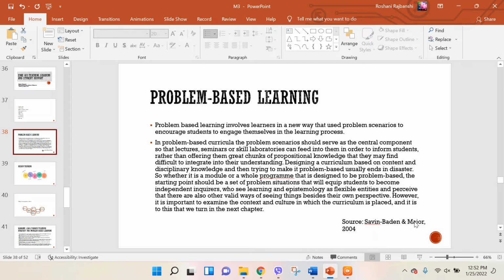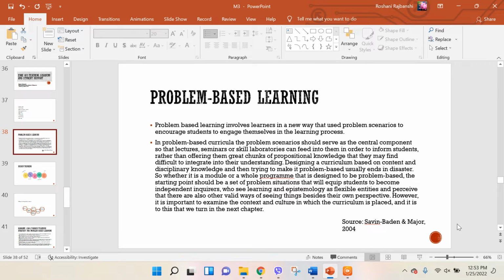Now today we'll be talking a little bit about problem-based learning. I have taken this from Savin-Baden and Major, 2004. Problem-based learning involves learners in a new way that uses problems or scenarios to encourage students to engage themselves in the learning process.